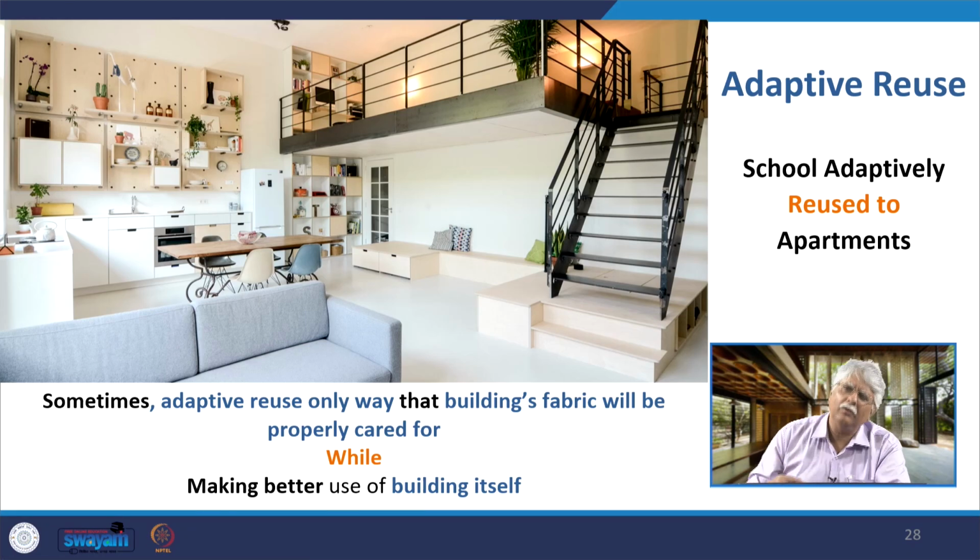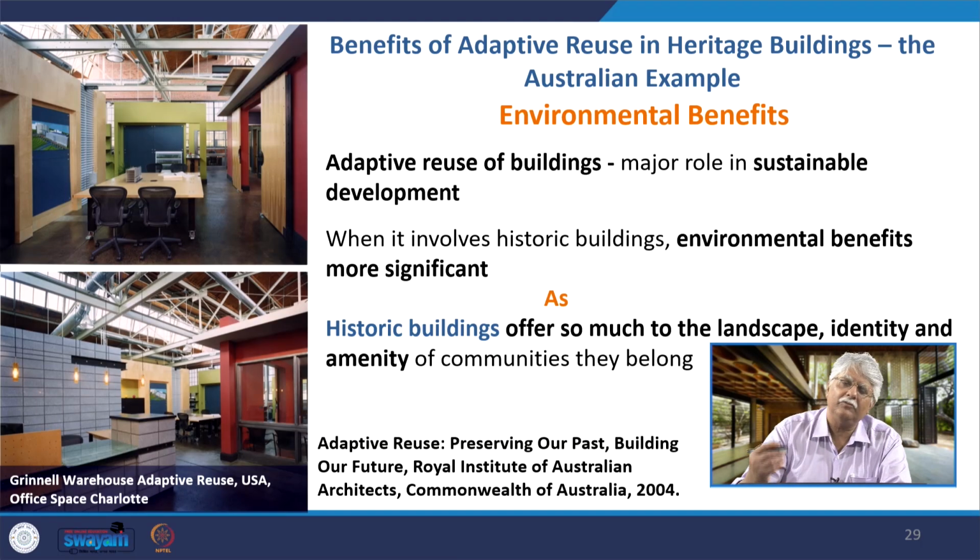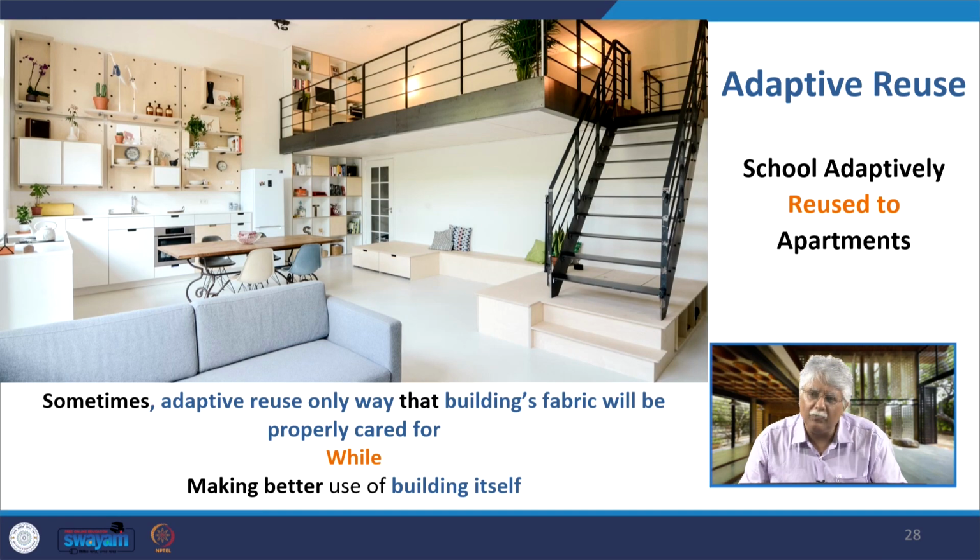So, a school which has been adaptively reused to apartments, sometimes adaptive reuse is the only way in which the building's fabric can be properly cared for while making a better use of the building itself. So many times we have monuments or old buildings that are not used.